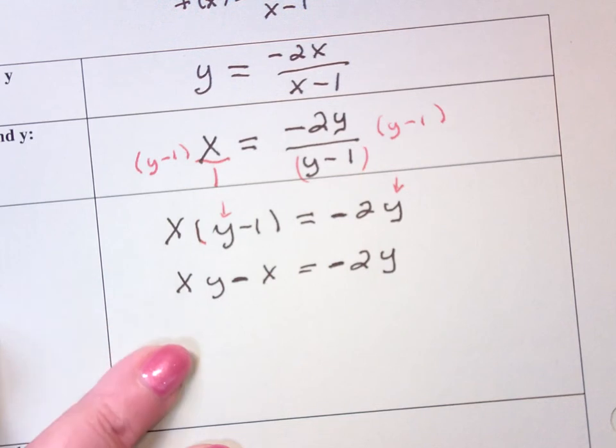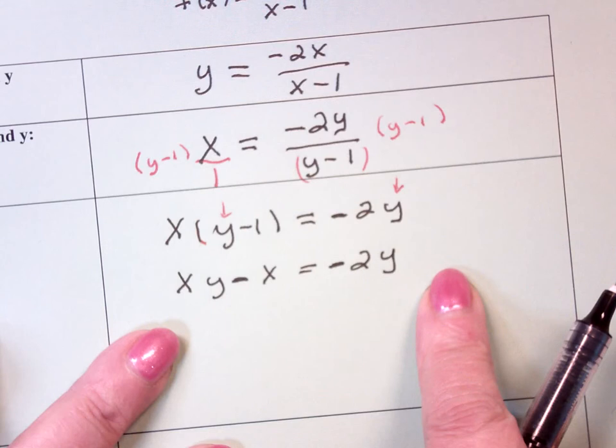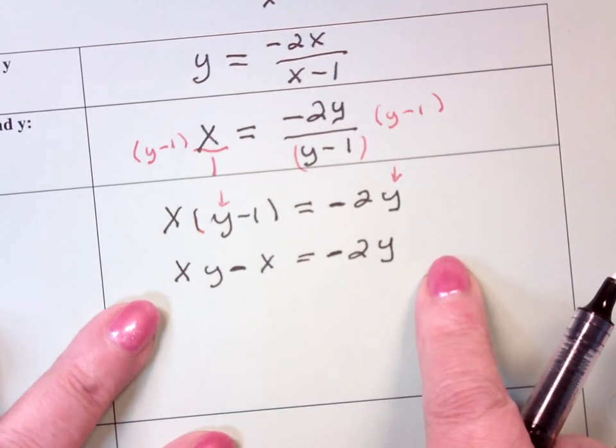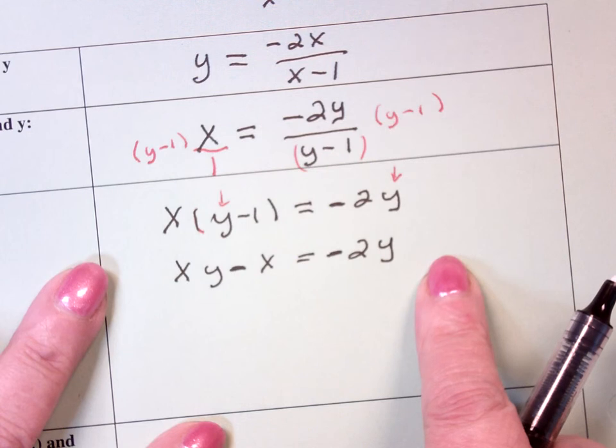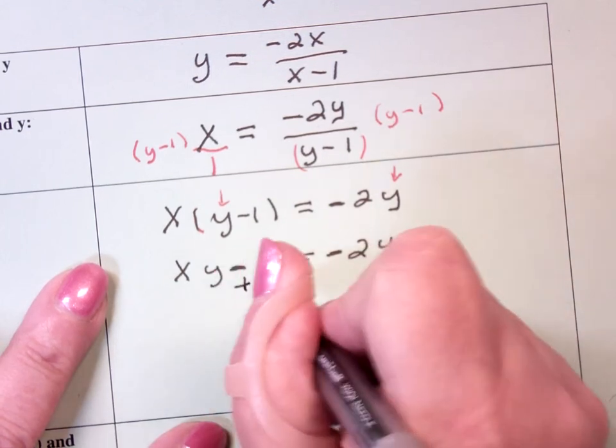Now I can do one of two things. I can bring the y's together on the left, or on the right. I'm not so thrilled about doing that, primarily because I'd have a negative 2y and a negative xy. So I think I'm going to take the x over.